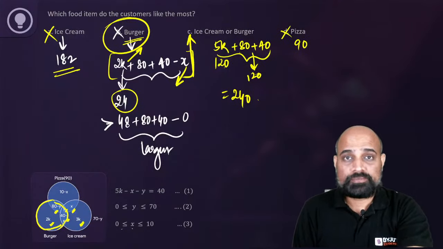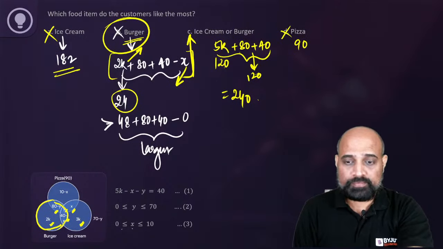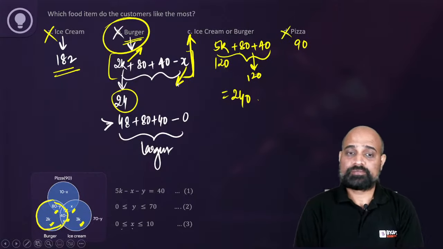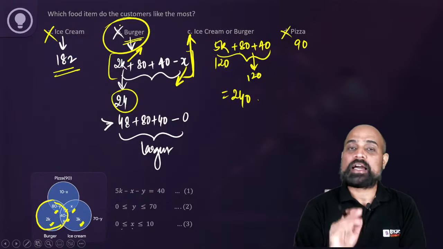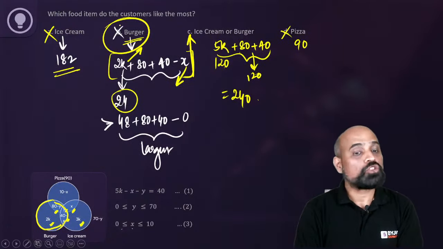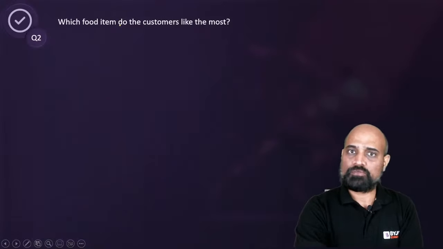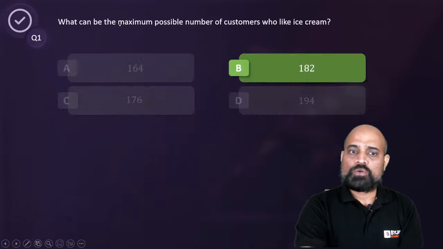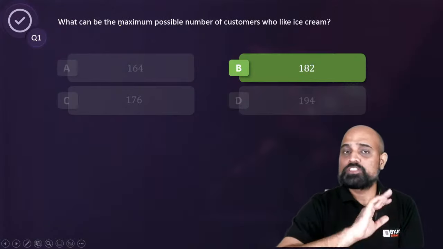Got it now? Got it, Sneha? Same query you had? Treat this question as: maximum how many customers can like burger. Solve it. Can I say the language is the same? Maximum number of customers who like ice cream.